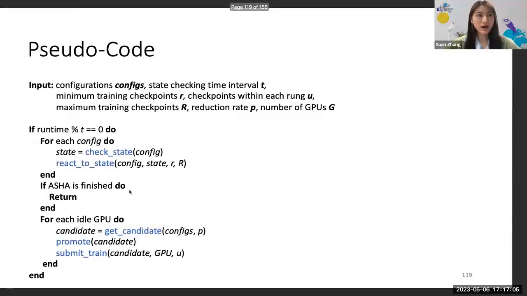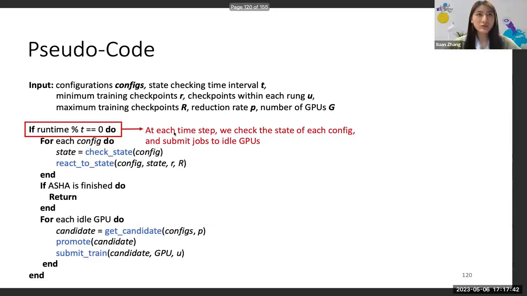To help clarify the process, let's take a look at the pseudocode together. First, users can specify the configuration search space and some other arguments, such as the frequency of checking each job state, the minimum and maximum training time for each job, the duration of training within each rung, the promotion or reduction rate, and the total number of available GPUs.